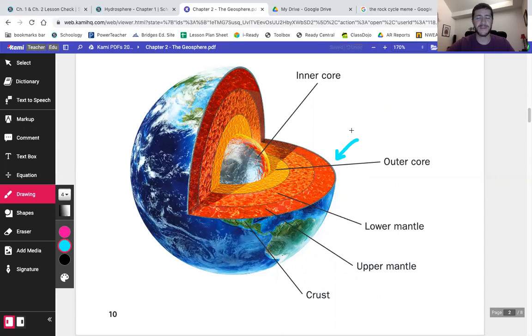Then after the lower mantle, you get to what's called a core. The core is like a baseball core, the inside after you slice it up. Then you've got layers in here also: the outer core, and then inside of that is the inner core.